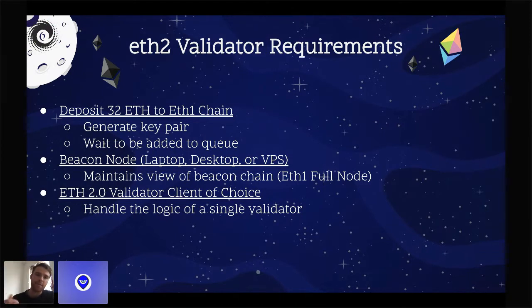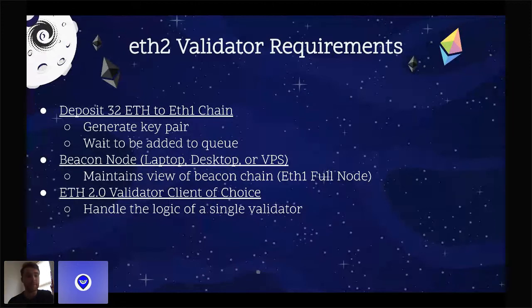Ultimately after that, once successfully in, you'll be added to a queue to wait for your turn to become a validator. The other 2 things that are required for this are, first, a beacon node. This can be a laptop, a desktop, a VPS, or some server hosted by a centralized party, Amazon or whomever. You can think of a beacon node as exactly likened to an ETH1 full node.